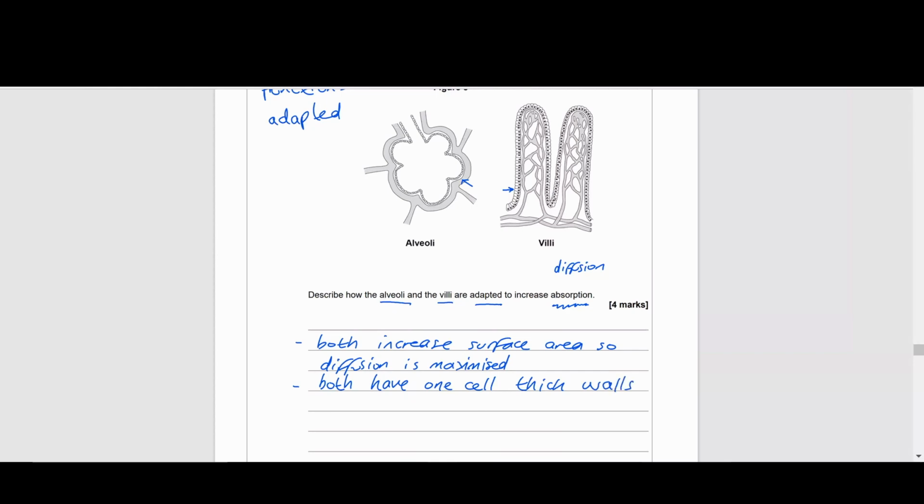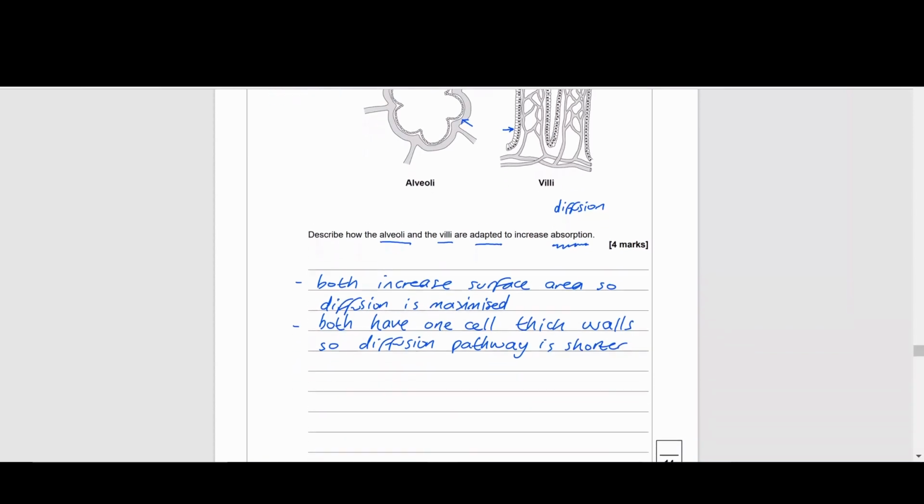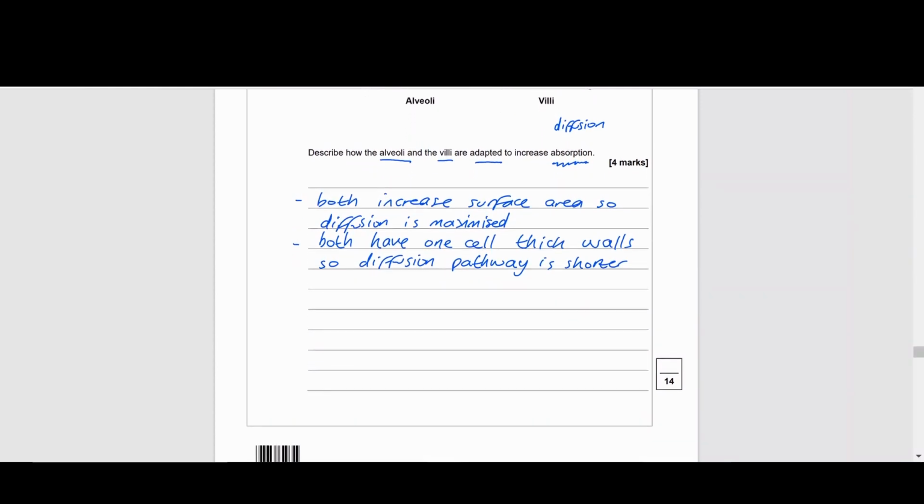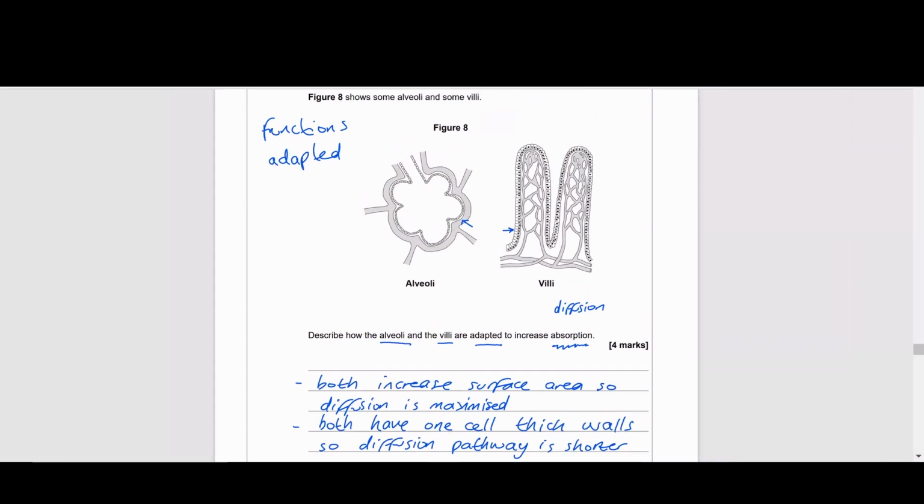So both have walls one cell thick. So what does that do? So the diffusion pathway, or diffusion distance, is shorter. And of course, that will mean that the rate of diffusion will be higher.